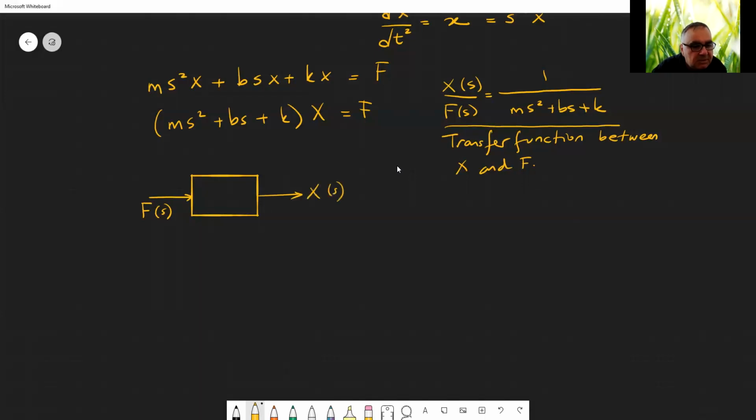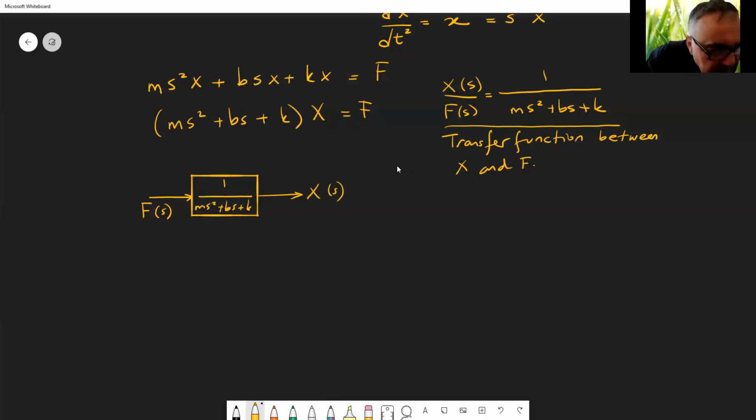X is the output, and you have 1 over (m s squared plus b s plus k), which is our transfer function, which represents our system. As you see, we can find how this system moves accordingly.